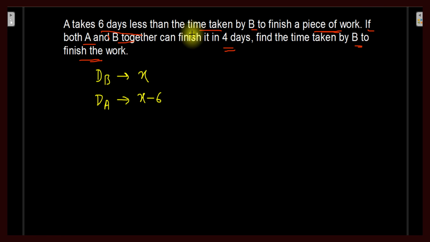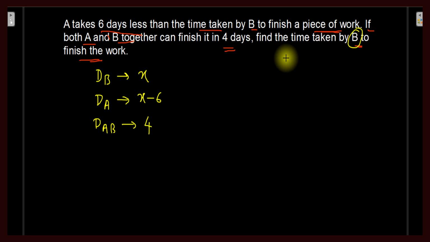Now it is also given that if both A and B together can finish it in 4 days, the days taken by A and B both to finish the same work is 4 days. And we have to find the time taken by B to finish the work. How much time B will take to finish that work.